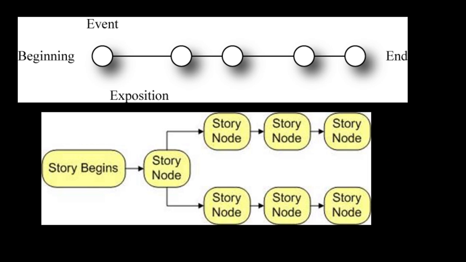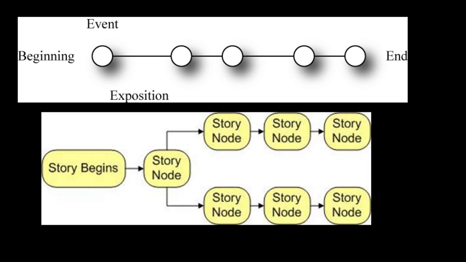And the story begins in a line. And some stories are interwoven, but this is a very simple version of it. I have a link for that, diagrams of how stories are structured, using different shapes and stuff.